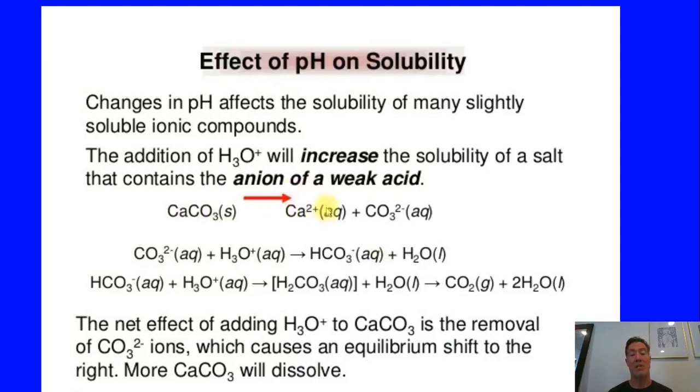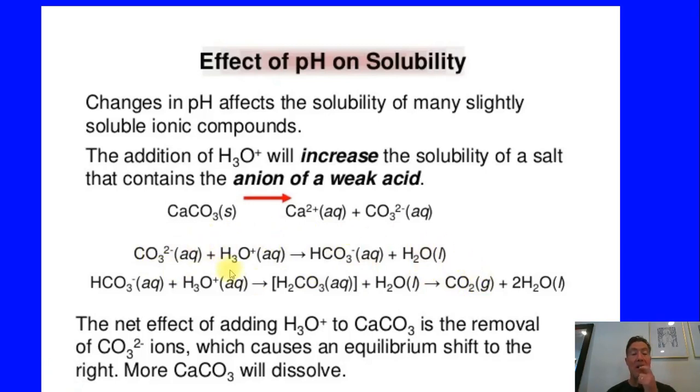It breaks down into calcium ion and carbonate. If we add H plus, or the hydronium ion, this is an acid. If we add this hydronium, it will react with the carbonate, take it away and turn it into carbon dioxide.